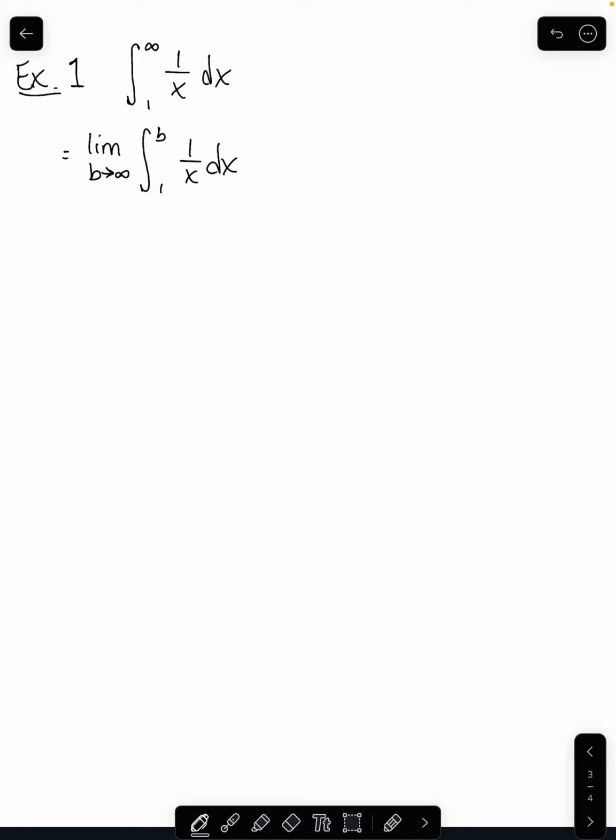So let's start with the antiderivative. We can remove the concept of the limits of integration and just focus on the antiderivative, which we know to be the natural log of x.